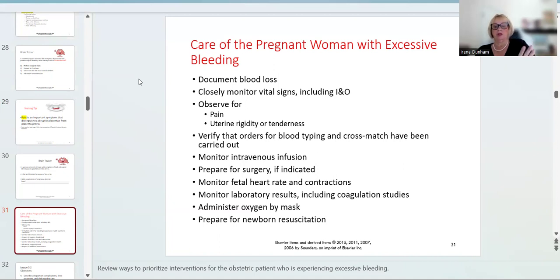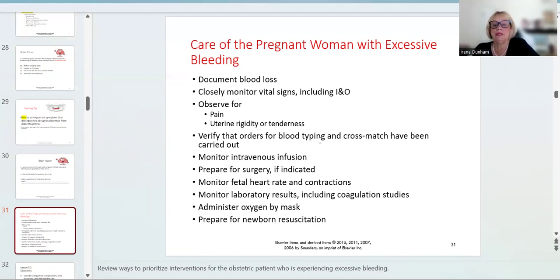And then kidney function. You want to include your intake and output because I want to know the kidneys are putting out what they're supposed to. Less than 30 mLs per hour, we've got a problem. The kidneys are going down. Then you always want to observe for pain, like we talked about, and uterine rigidity or tenderness. That would be your abruptio. And pain is your abruptio.